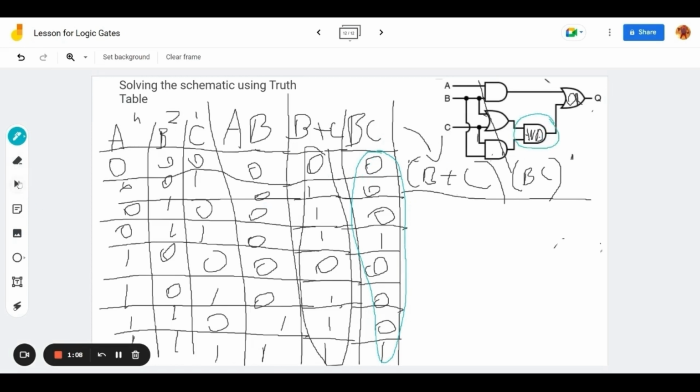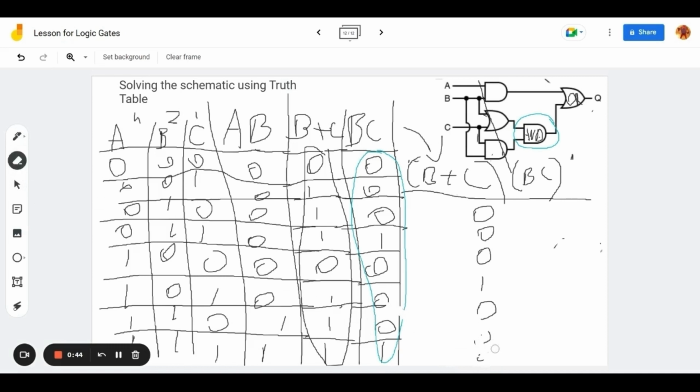So 0 times 0 equals 0, 1 times 0 equals 0, 1 times 0 equals 0, 1 times 1 equals 1, 0 times 0 equals 0, 1 times 0 equals 0, 1 times 0 equals 0, 1 times 1 equals 1.